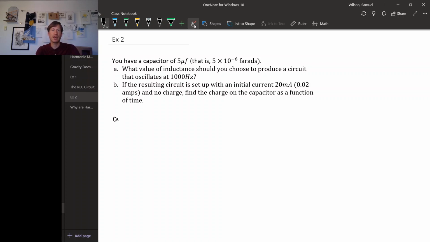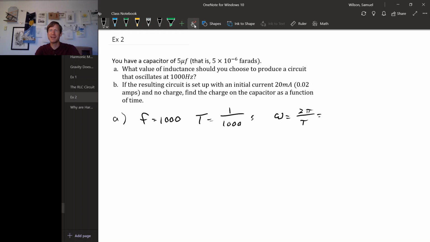So for part A, we know the frequency we want. The frequency is 1,000, and that means the period is 1 over 1,000, so 1 millisecond. And remember, omega is 2 pi over the period.